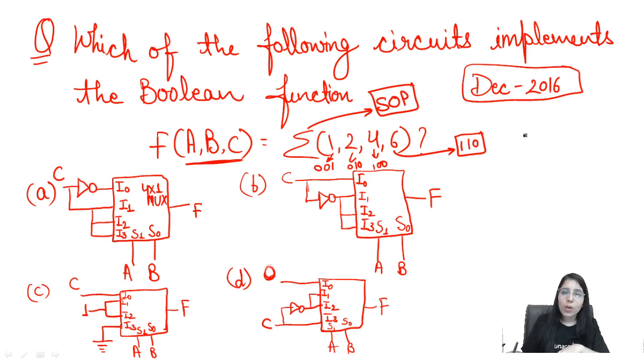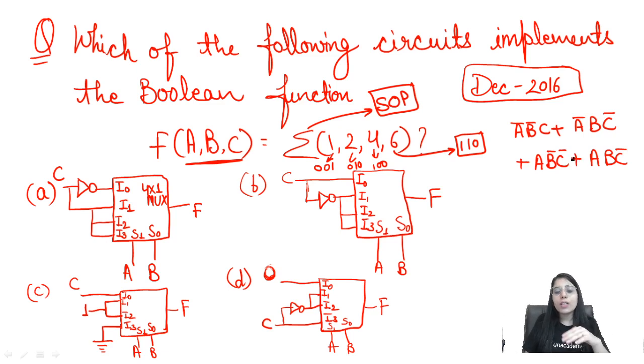So 0 0 1, you will write as a bar, b bar and c, plus a bar, b, c bar, plus a, b bar, c bar, plus a, b, c bar. As I have told you, if it is 0, you have to represent it with the complemented term for the SOP form. So that's how we have written all these values 1, 2, 4, 6. Firstly we have written them in the binary number system, then we have written the Boolean expression corresponding to that.